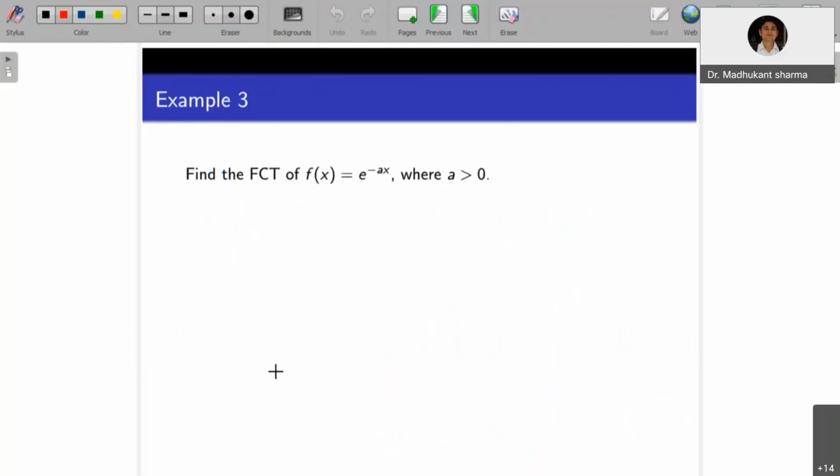For example, I'm interested in finding the Fourier cosine transform of the following function, f(x) = e^(-ax), where a is greater than 0. Now, what I know is that the second derivative of f is going to be a squared times f. Now take the Fourier cosine transform on both sides.